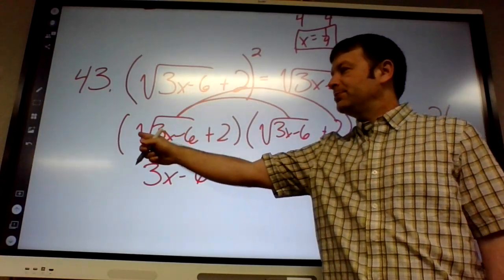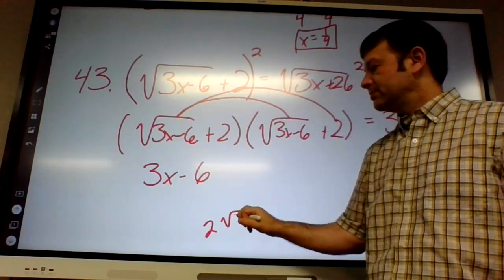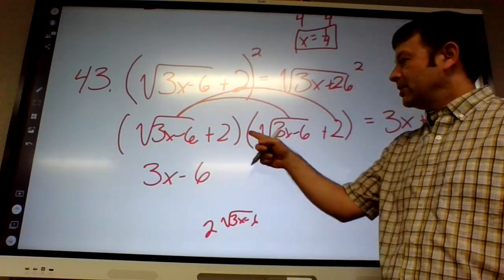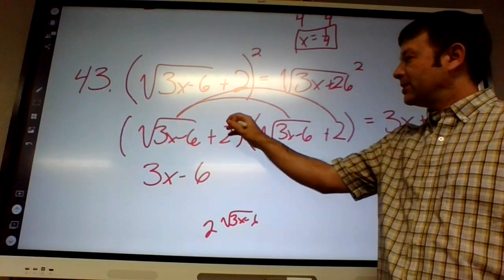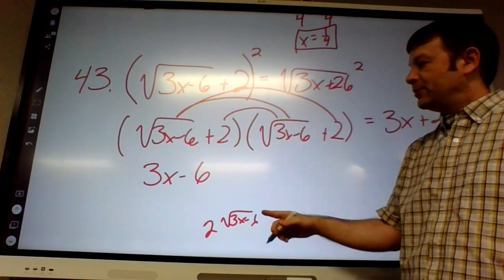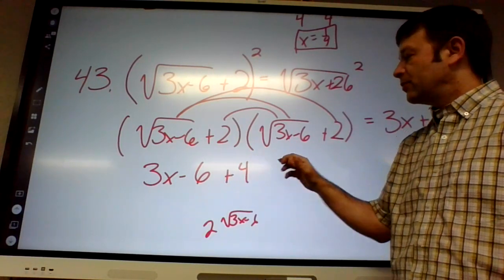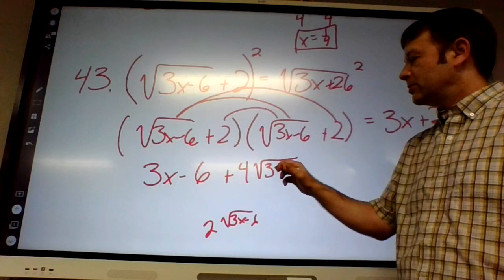It's just 2 of those. And then inside is the same thing, 2 times that. So we have 2 of those plus 2 of those, and that makes 4 of those.